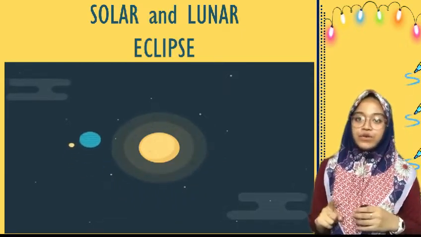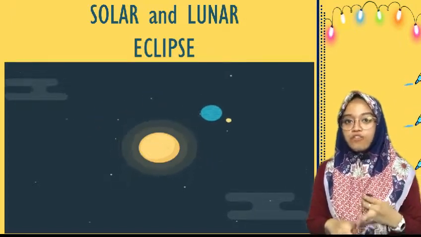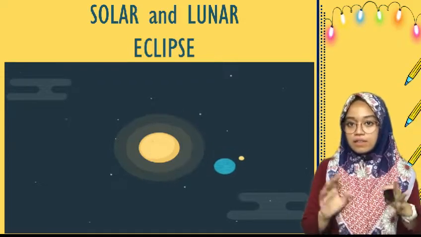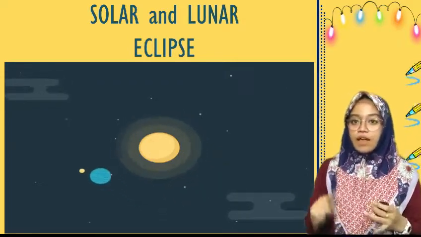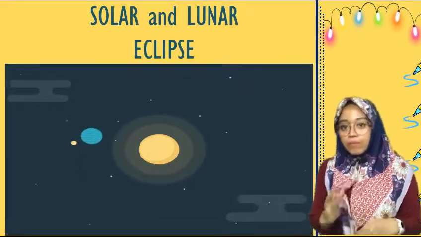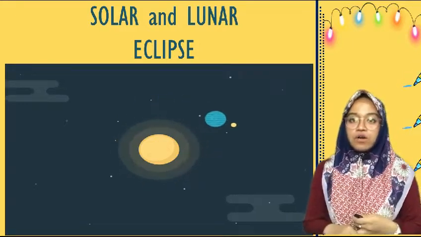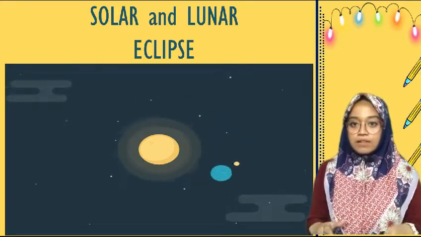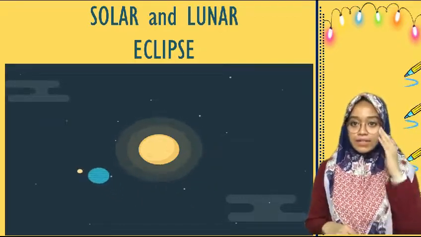In the last video, you learned about the revolution and rotation of the Earth. Now, because of the rotation and revolution of the Earth, the Moon has revolution and rotation also. So this movement can cause solar and lunar eclipses.